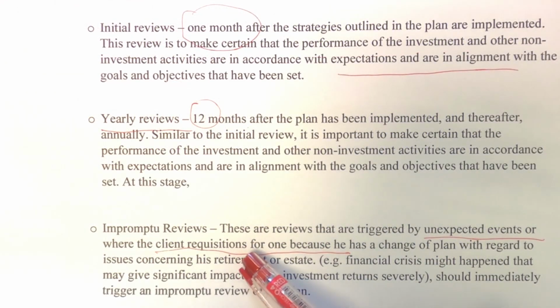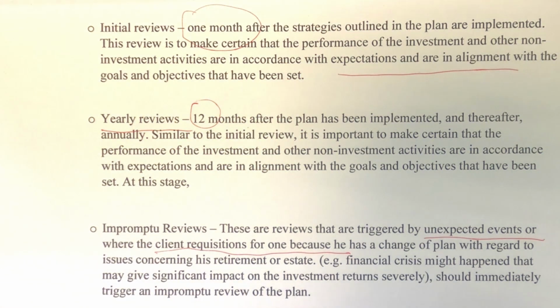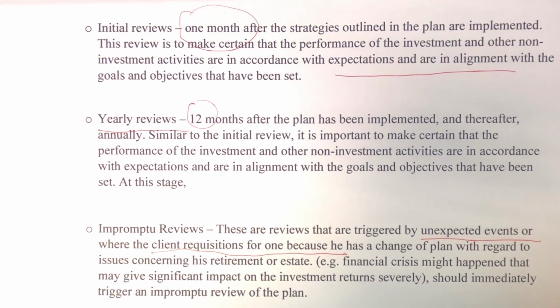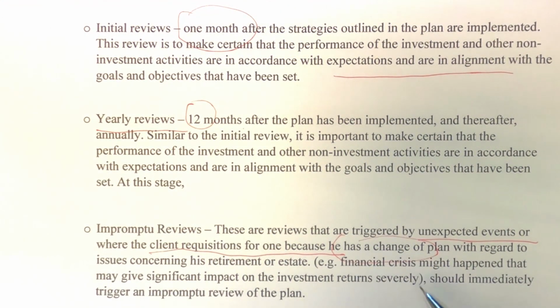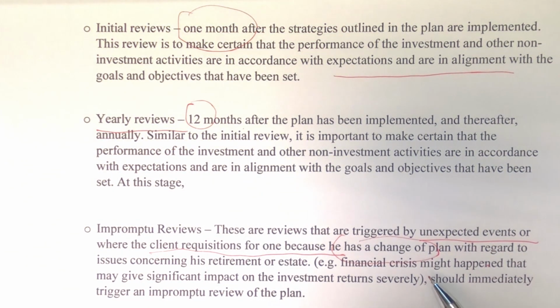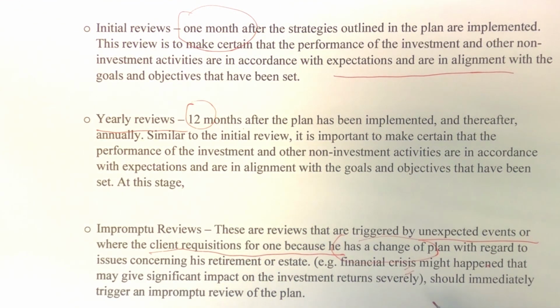Number 3 is impromptu reviews, and these are reviews that are triggered by unexpected events, or by the client's request because he suddenly feels that he wants to change the plan with regard to issues concerning his retirement. For example, suddenly we have a financial crisis, which will affect the value of the property, or he changes his mind, possibly wanting to buy another property or sell the current property that he has, or due to an unexpected event such as the death of the wife or other family members, or divorce.